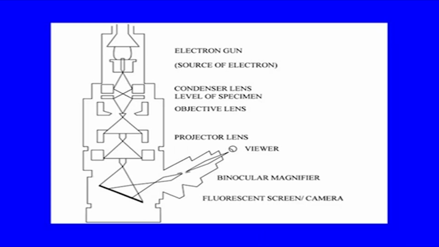The specimen is present here, where after the specimen there will be the objective lens, which is not written here, and after the objective lens there will be projector lenses, which will finally form the image onto the fluorescent screen. And this fluorescent screen, you can see directly or through binocular magnifiers. So, this is the electron microscope with its various components. Now, let us see how an electron microscope compares with a light microscope.